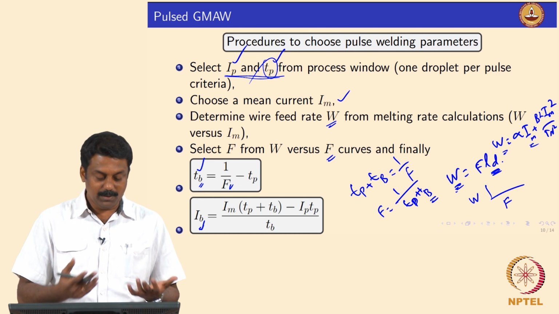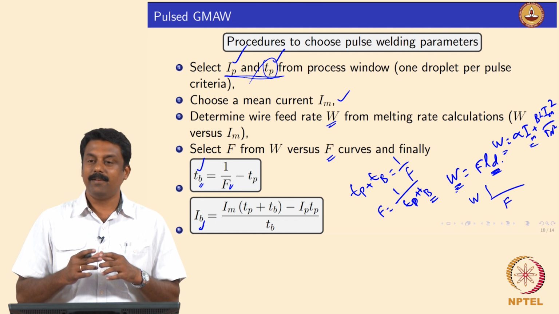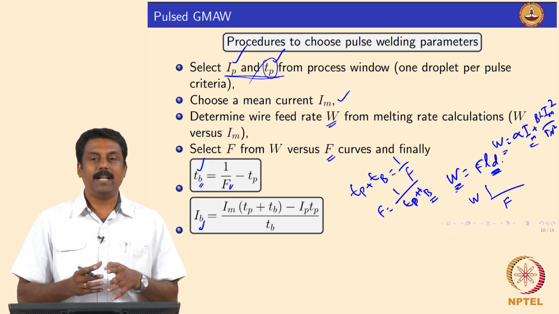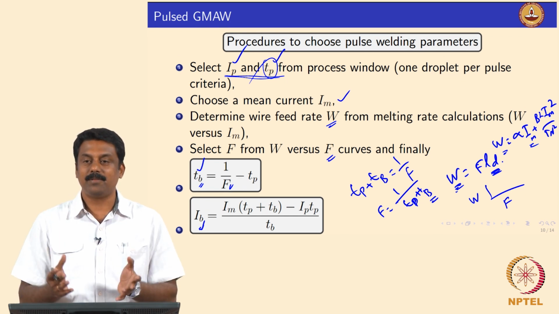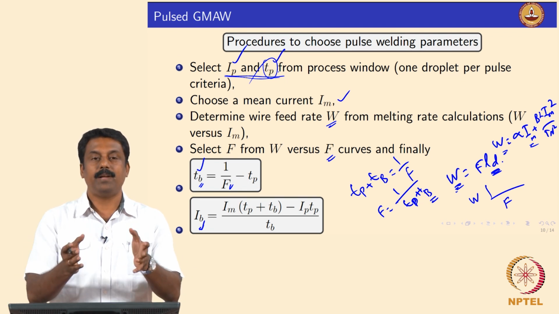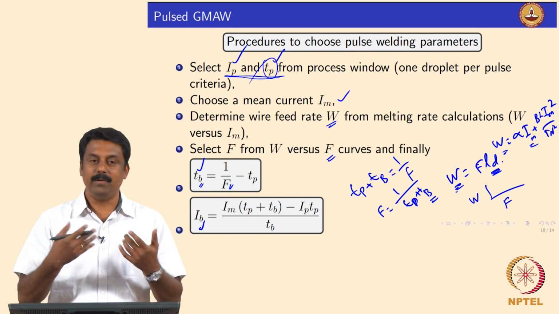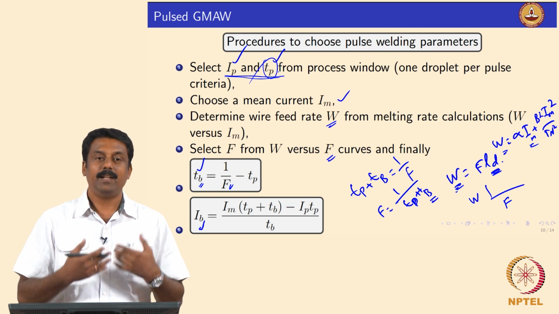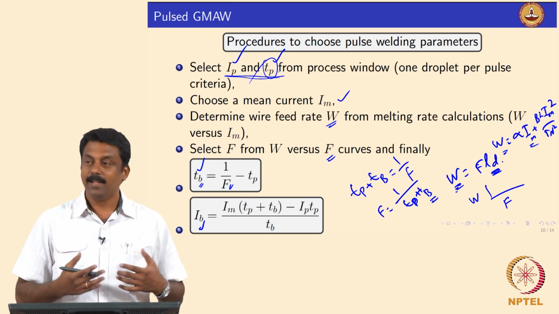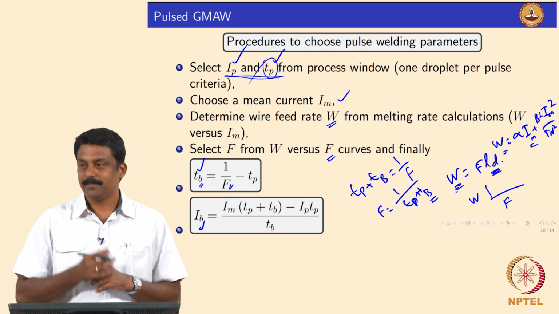Once you know the melting rate, and we also need to keep the arc length constant, the wire feed rate is identified, right. And then for a given composition the database also contains the relationship between Ip and Tp, the process map I showed you, the graph. So, once Ip and Tp are known, W is known, f is known, and then Tb is also known. Once you know Ip, Tp, Tb, you can also calculate Ib, and then you get all the parameters you need for pulsing. Okay.